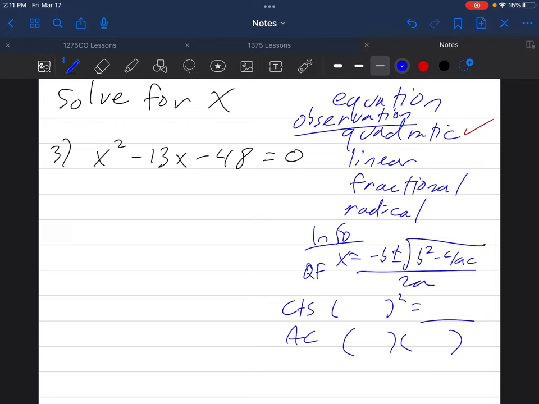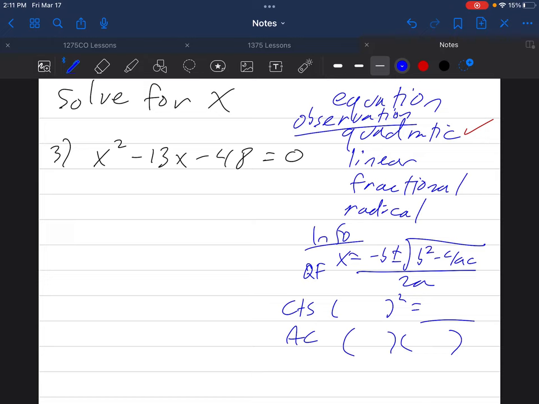All of these are viable methods to solve quadratic equations. Now, like we mentioned in class, factoring is not always possible. When that is not possible, you can either complete the square or you can use the quadratic formula. You can always use the quadratic formula. It will always work. Sometimes, though, if this equation is factorable, it's going to be faster and more efficient use of your time to factor it.